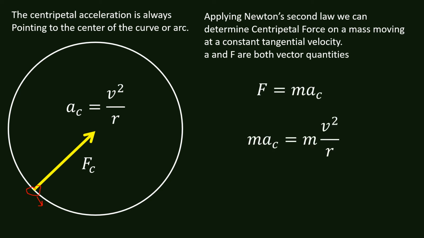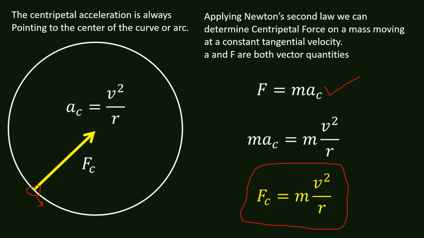So basically by taking Newton's second law and substituting the centripetal acceleration for A, we have this equation right here. And so this equation is our centripetal force equation. It happens when there is a mass of some quantity that is rotating around in a circle, and this force is towards the center.